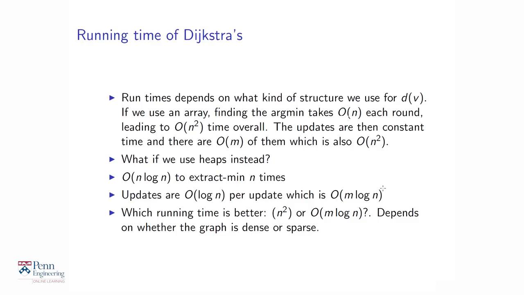If the graph is dense, that is, m equals about n squared, then the array implementation is better. Whereas if the graph is sparse, meaning m is quite a bit smaller than n squared, then the heap implementation might be better. So the choice of implementation depends on how dense the graph is.